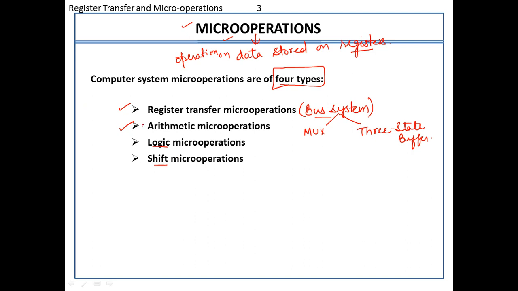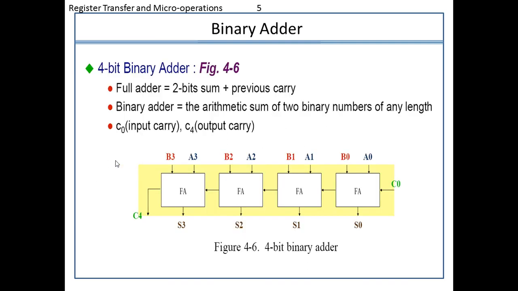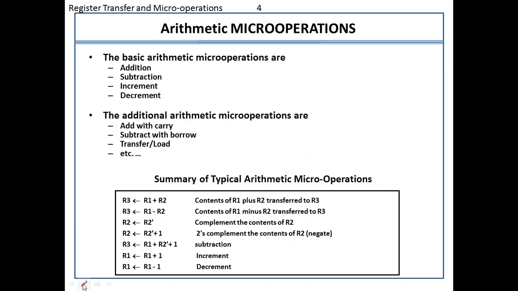So let's start understanding what the arithmetic microoperations are and how we can design the arithmetic circuit for such microoperations. In the arithmetic microoperations, as the name specifies, we can perform some basic arithmetic like addition, subtraction, incrementing or decrementing, right?